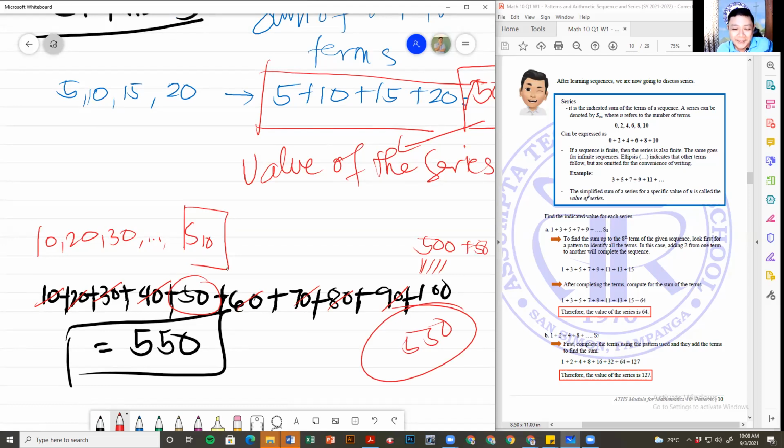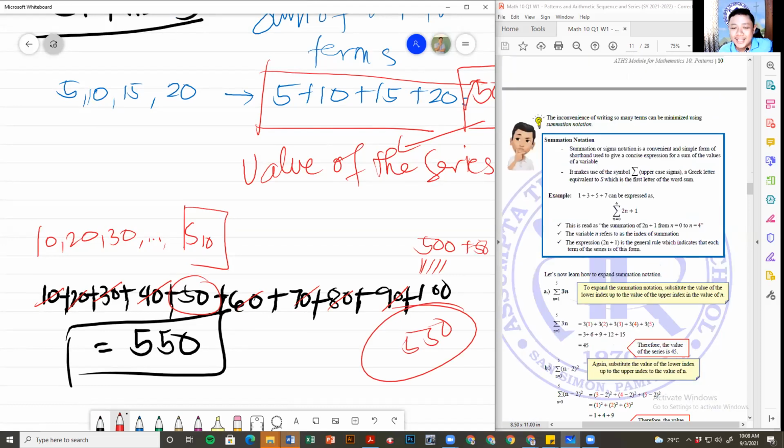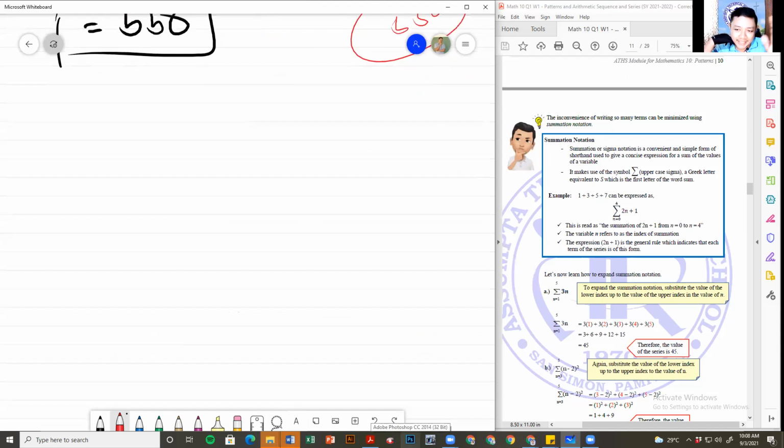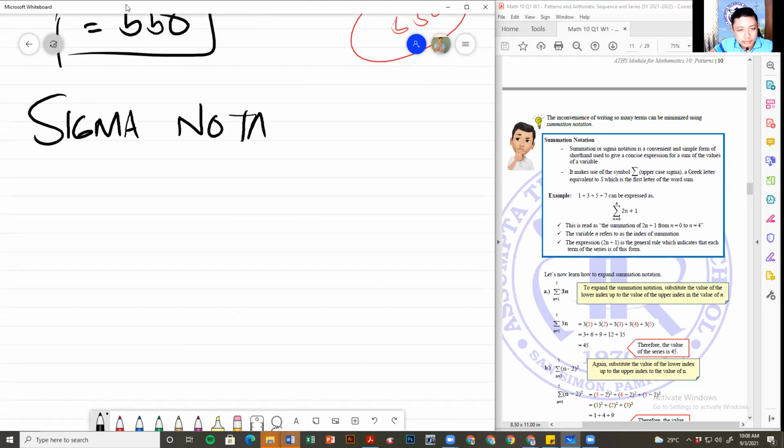So that's it. Let's now move on. The summation notation. Okay, this is also very easy. This time, this is a combination of our explicit form and the series. This is what we call sigma notation. And what's that symbol for the sigma?